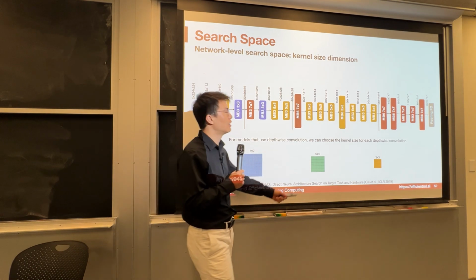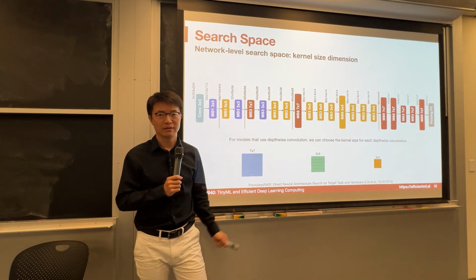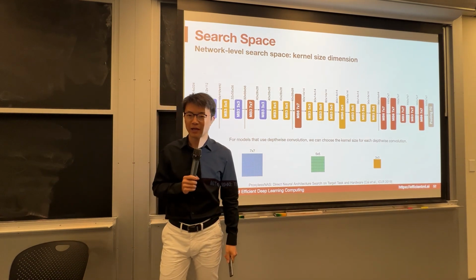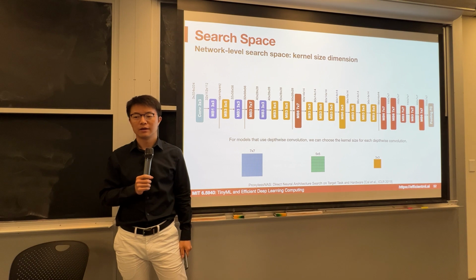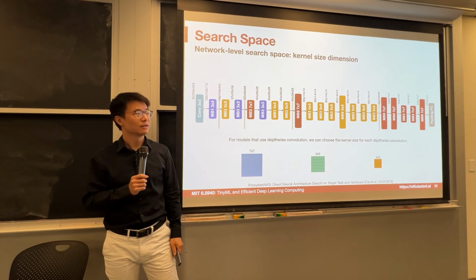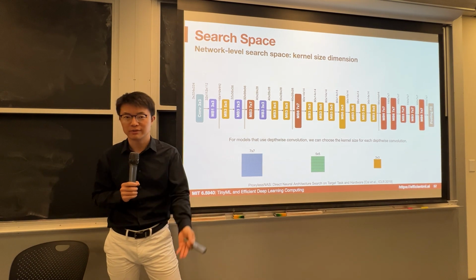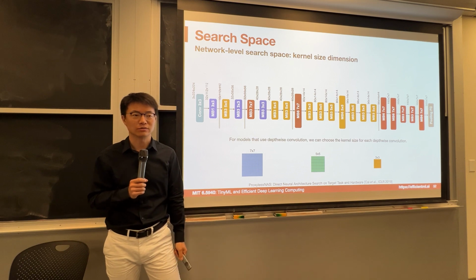So that's why it's hard to tell whether we should use 3 by 3, 5 by 5, or 7 by 7. 7 by 7 may even have larger parallelism. So we just want the neural network search algorithm to find the best from the search space. Just give it all the candidates, all the possibilities, and it gives me the best solution.